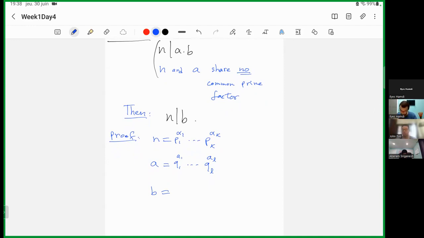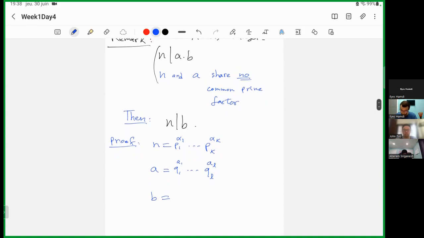So for B, I have no condition like the one with N and A, which says they share different prime factors. So maybe what I could do is try and reuse the same primes. But since I don't really know which ones to use, I will just take other names.